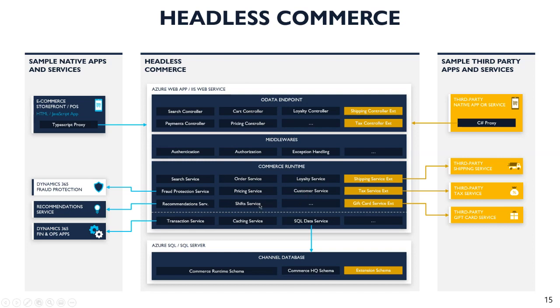All this business logic sits behind the OData endpoint, which we call the API. To expose any of this business logic, you need to create an API. All our existing business logic is exposed through this API. If you create your own business logic and want to expose it, you need to create an OData endpoint too. It's very simple to create and expose an OData endpoint for your new business logic. I'll quickly show that in the demo.